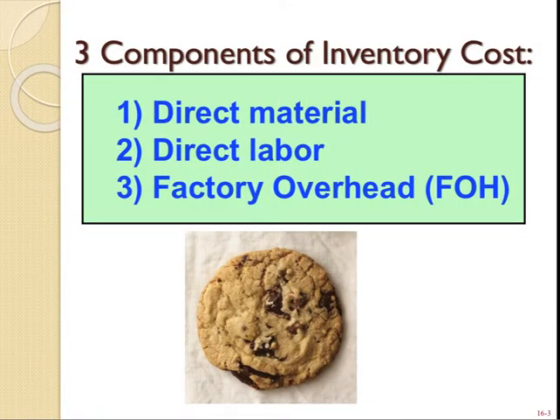So there are three components of inventory costs: direct materials, direct labor, and factory overhead. All of the things you saw in that last picture are going to be categorized into one of these three categories. Okay.